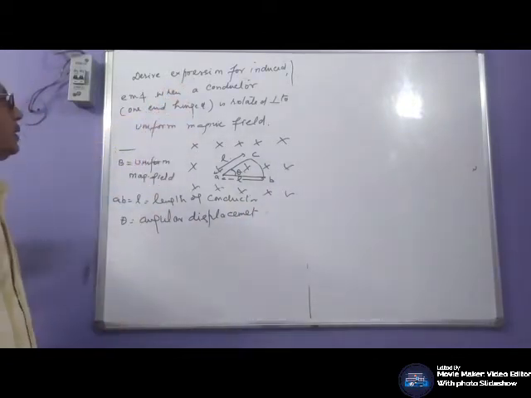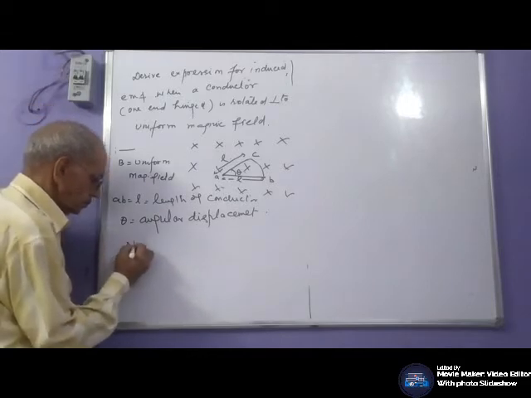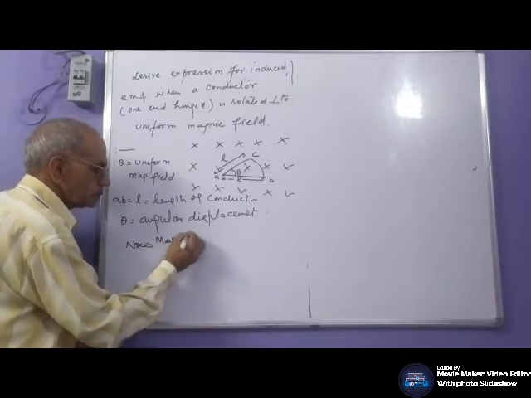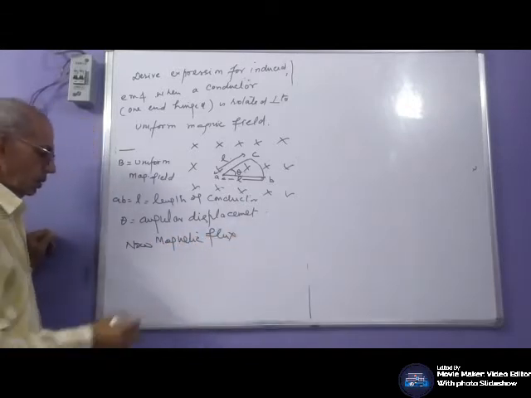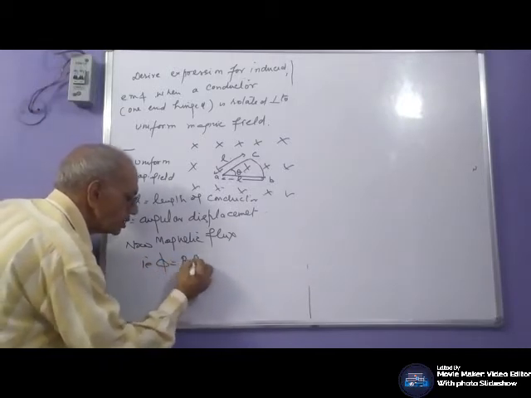Derive expression for induced EMF. There will be induced EMF if there is change in flux. Now magnetic flux, that is phi, it is BA cos theta.